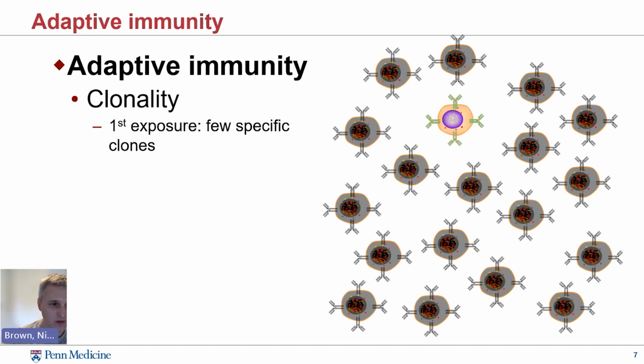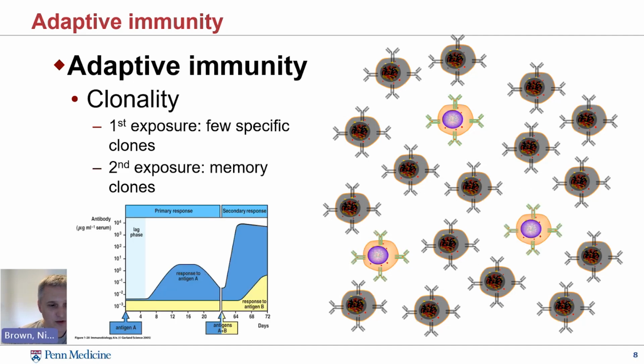Another thing to think about when we're talking about adaptive immunity is that it happens with what's known as clonality. And the idea here is I'm showing lots of different B cells. Each of these B cells has a different antibody receptor on it. If you're first exposed to a pathogen, only a very small subset of all of your B cells will be specific for that virus.